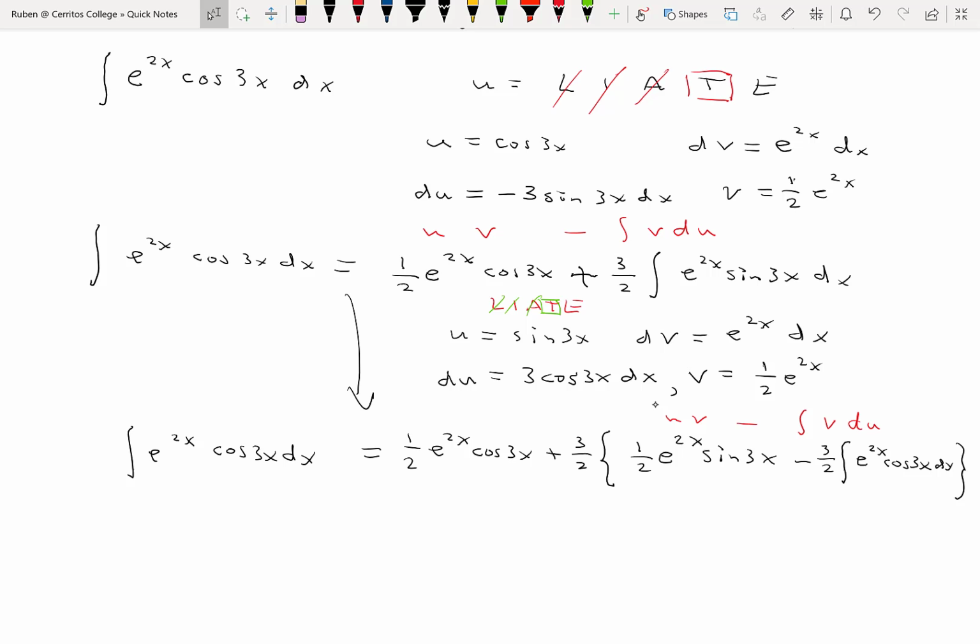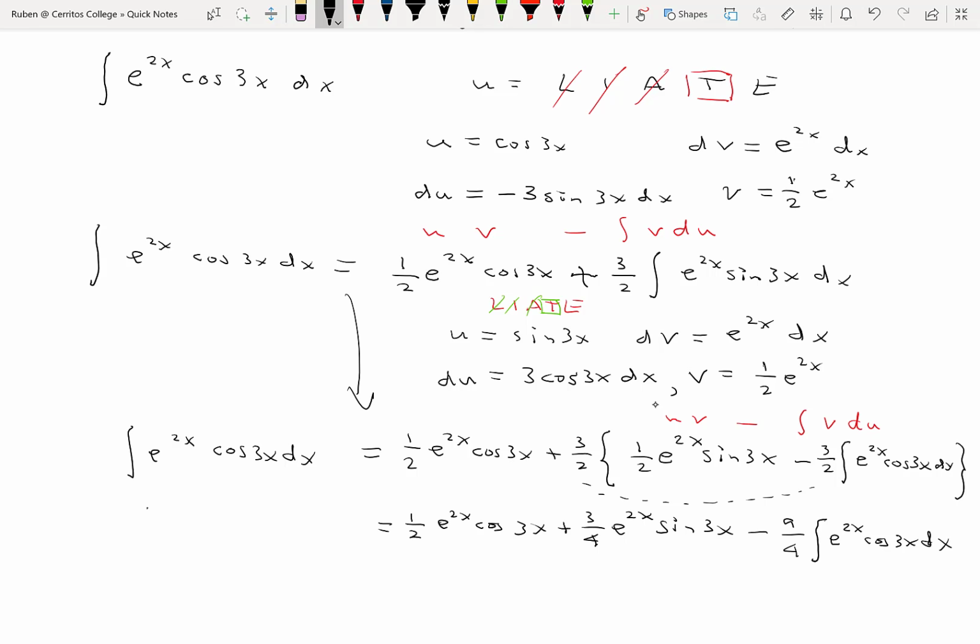If you don't see that, here's the trick. Let's get rid of the braces here. So this is 1/2 e to the 2x cosine 3x. Distribute 3/2. 3/2 distributes to get 3/4 e to the 2x sine 3x. Distribute the 3/2, so 3/2 distributed to the minus 3 gets minus 9/4 integral e to the 2x cosine 3x.